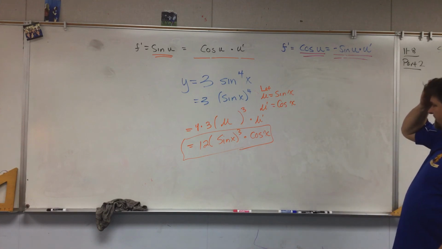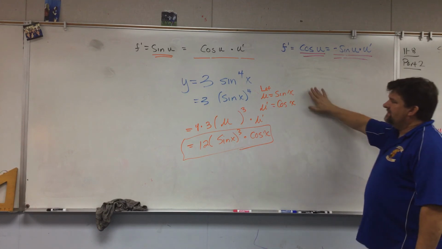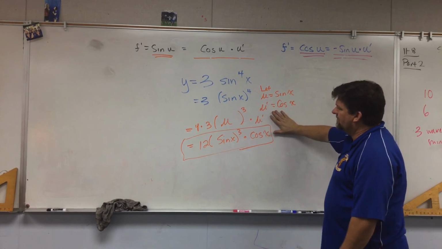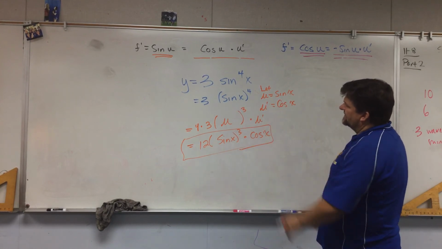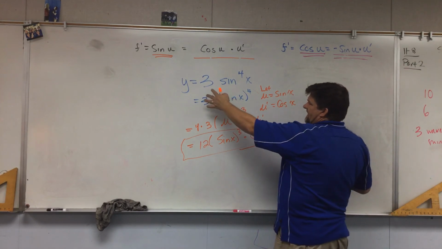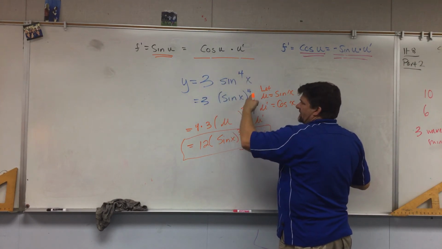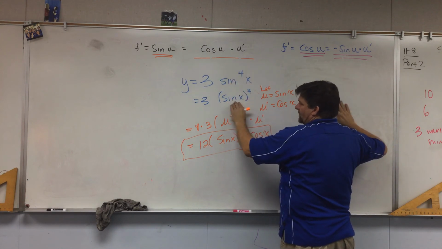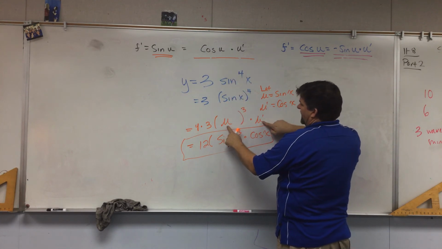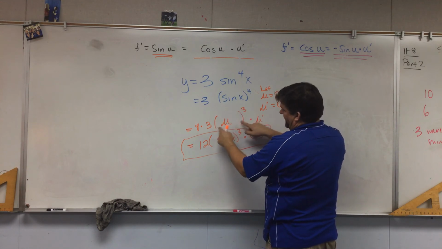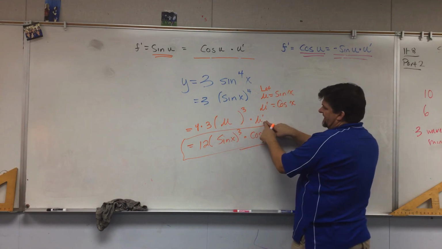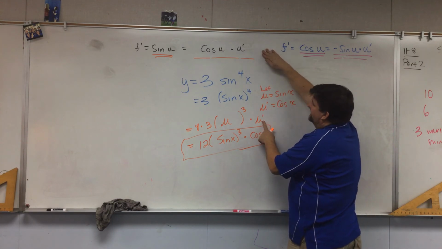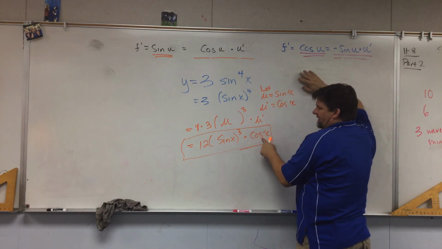There we go. So again, it's going to be keeping track of deciding what you're going to let u equal and u prime equal. Basically what we did here is we had an equation that uses trig derivatives, but it was a chain rule. I turned it into a chain rule problem where you take the derivative of that whole thing times the derivative of the inside. The derivative of the inside, we used our derivative of trigonometric functions to find u prime.